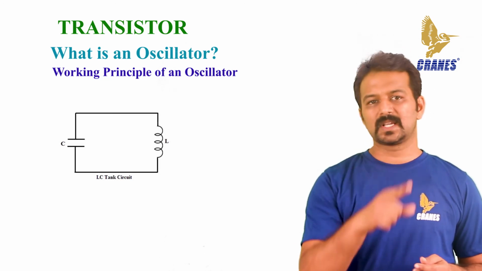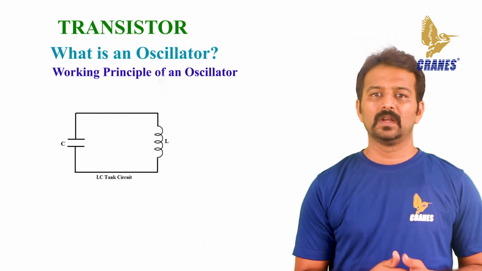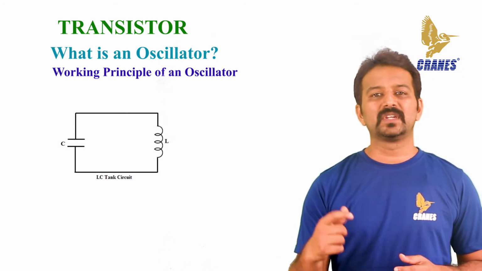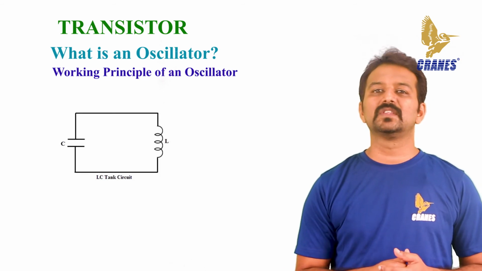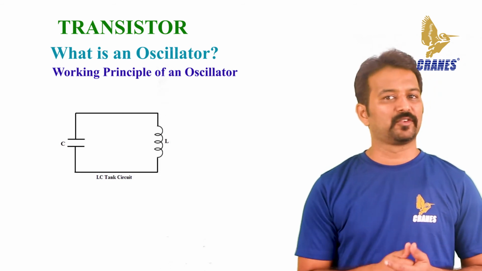Once the capacitor discharges completely, there will be no current flow in the circuit. However, by then the stored electromagnetic field would have generated a back EMF, which results in the flow of current through the circuit in the same direction as before.